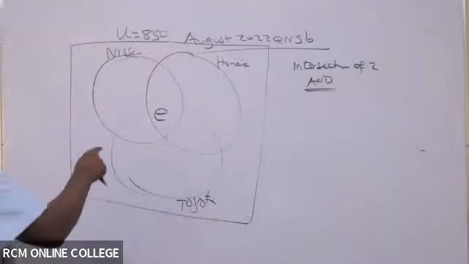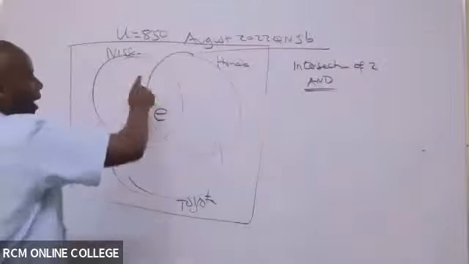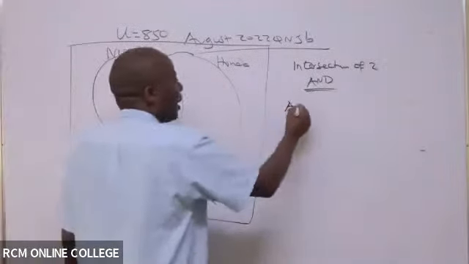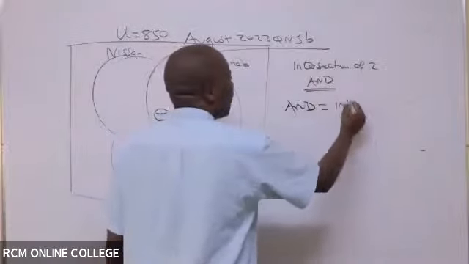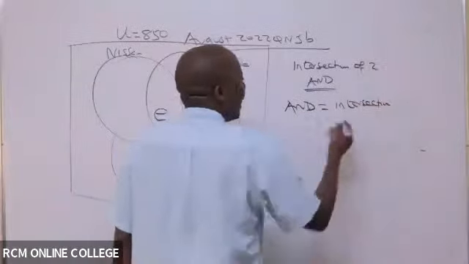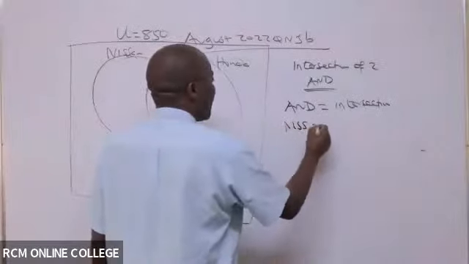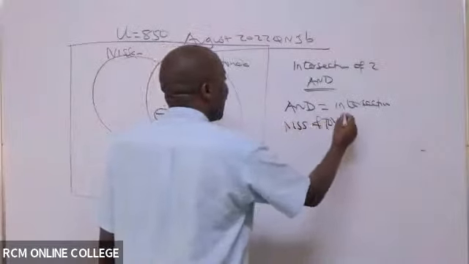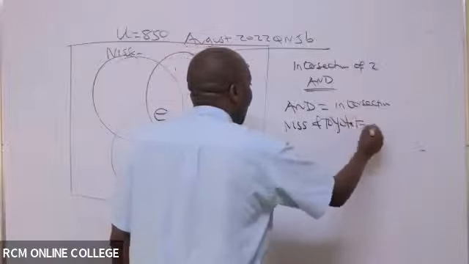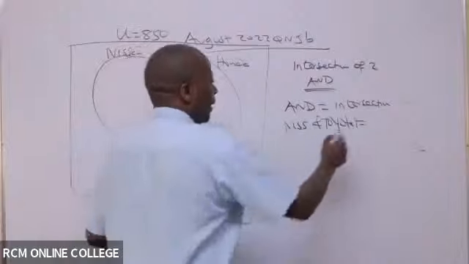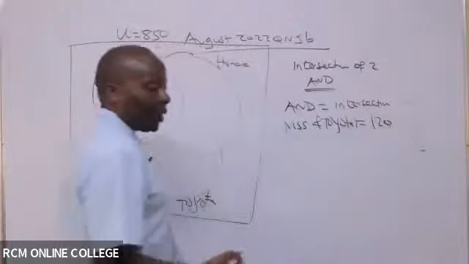We said and is the intersection. So we have here Nissan and the Toyota is 120.